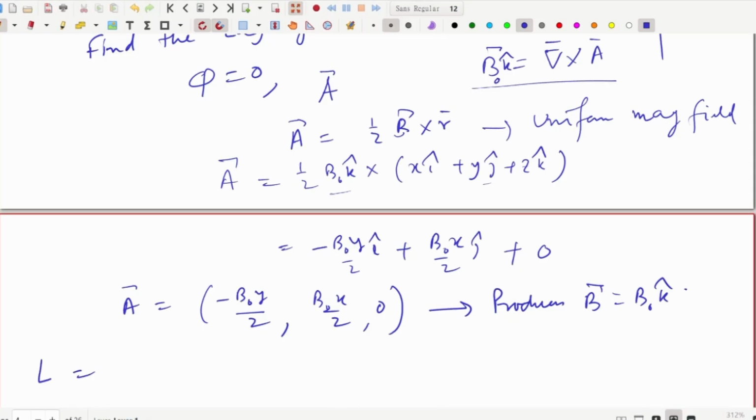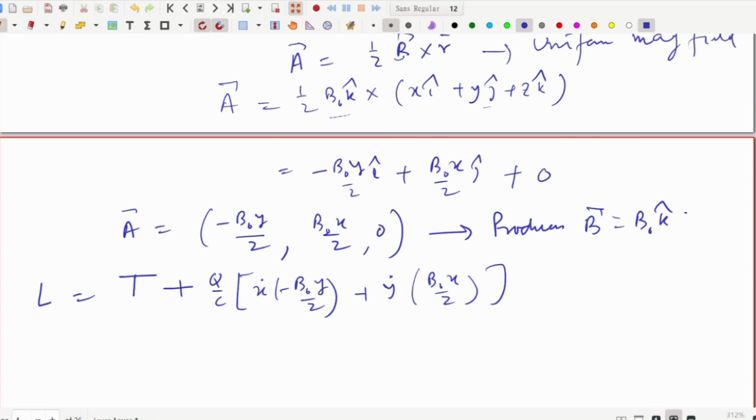So, I can write my Lagrangian now. The Lagrangian for this particle in the z direction magnetic field will have the kinetic energy term as it is. Let me write it as T, which is half m times x dot square plus y dot square plus z dot square. Phi is 0, so that will be 0, plus q by c times x dot A x, which is x dot times minus B0 y by 2, plus y dot A y, which is B0 x by 2.